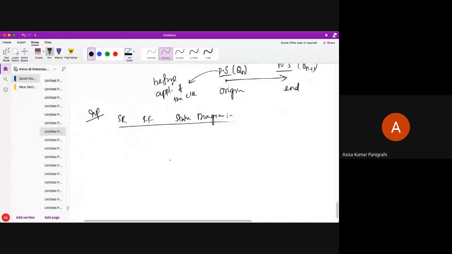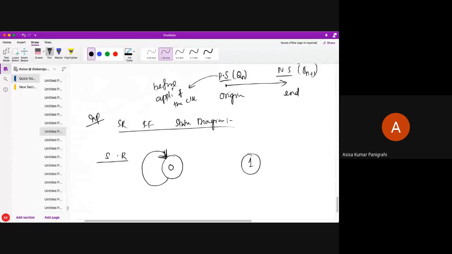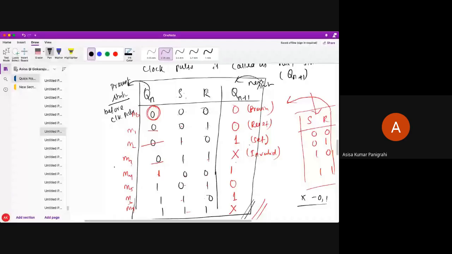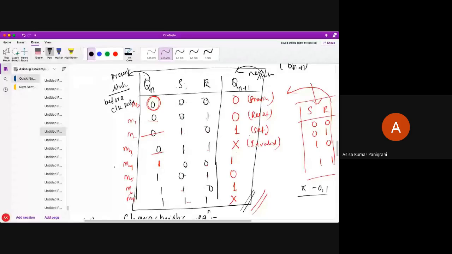The SR flip-flop state diagram has two states, as I have told you. Let's say the state transition is from 0 to 0, meaning the present state is 0 and the next state is also 0. Now tell me what the S and R values are at that time. See here, how to find the state diagram: only if you can draw the characteristic table can you find the state diagram. Where is the 0 to 0 transition happening? In this case, present state is 0, next state is also 0. Any other place?